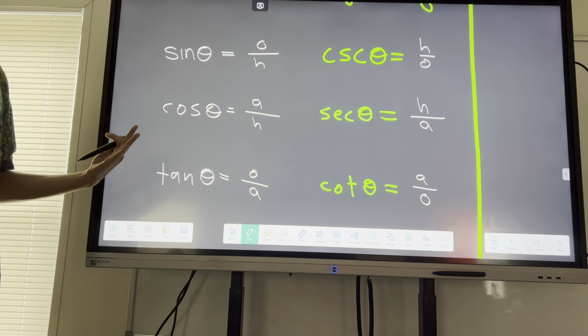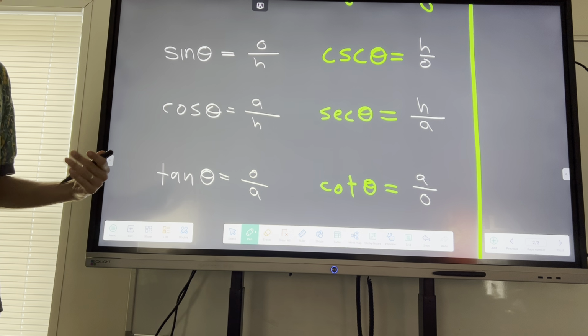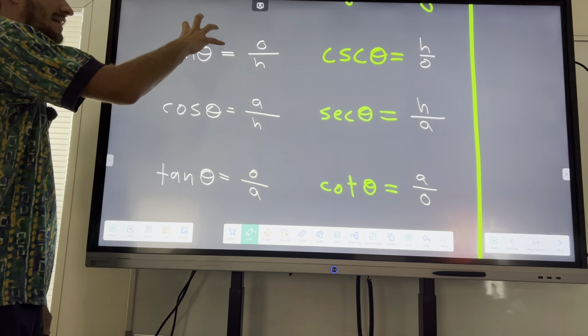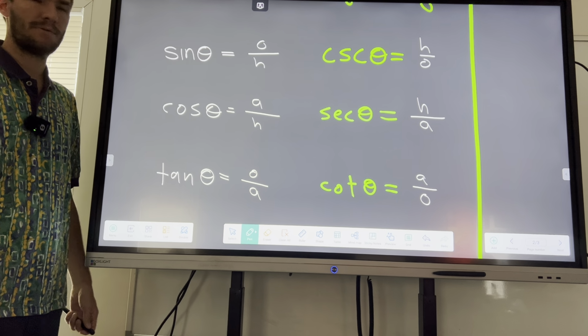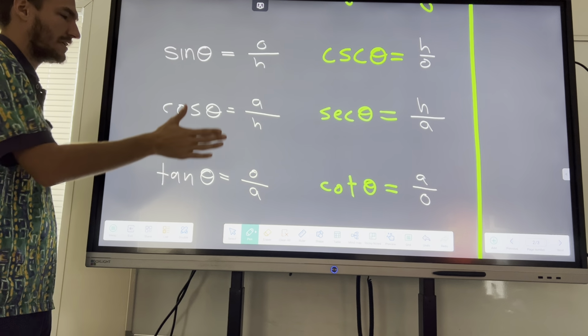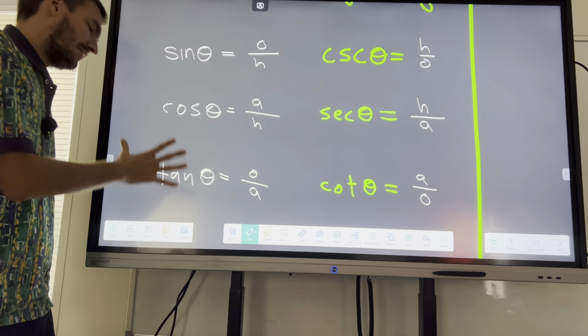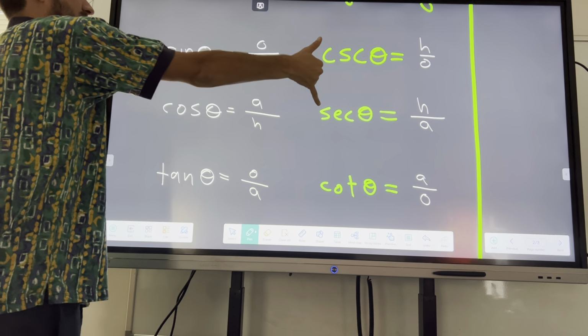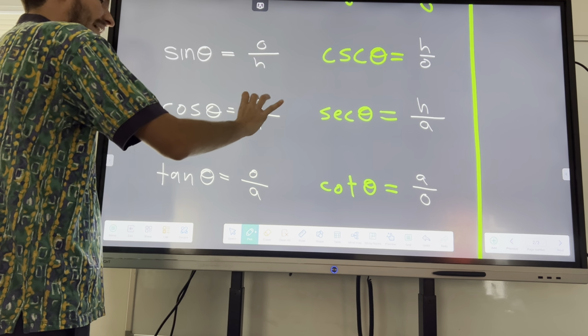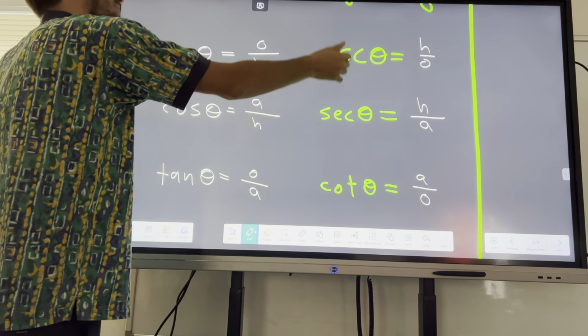As far as giving you guys advice for how to memorize this, we know that sine and cosine, normally we write them like this. For every piece of paper I've given you all year, it goes sine, cosine, tangent. Tangent matches up with cotangent, and then these two, cosine does not match with cosecant.